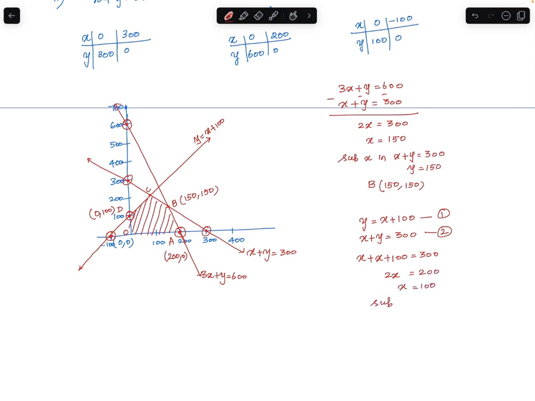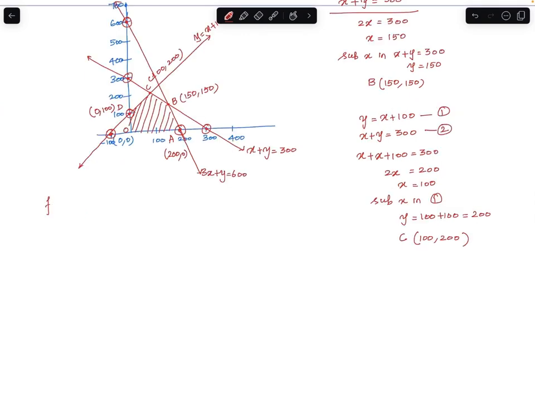So substituting this x in equation 1, we get y equal to 100 plus 100, which is 200. The coordinates of C are 100, 200. The feasible region is O, A, B, C, D.